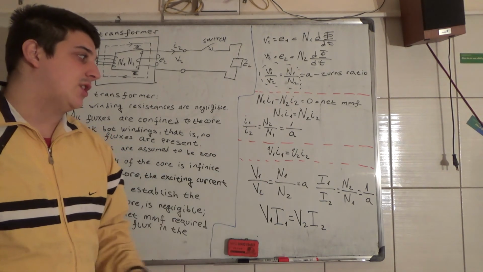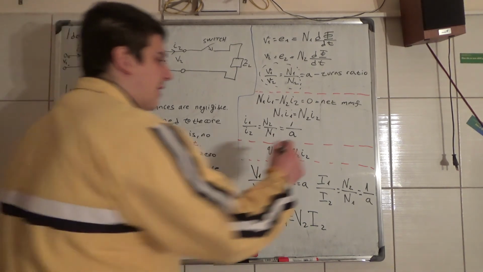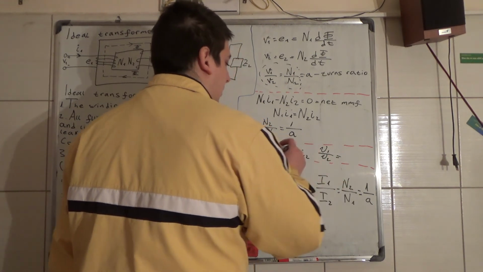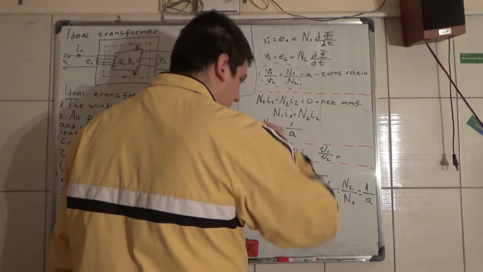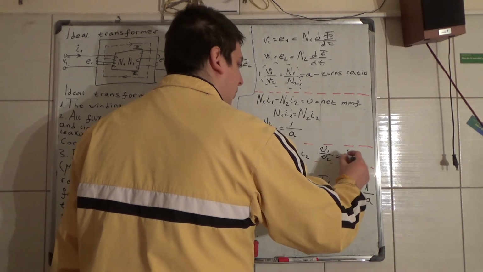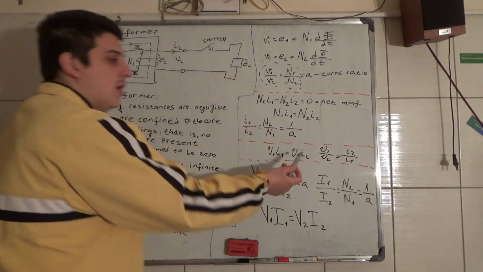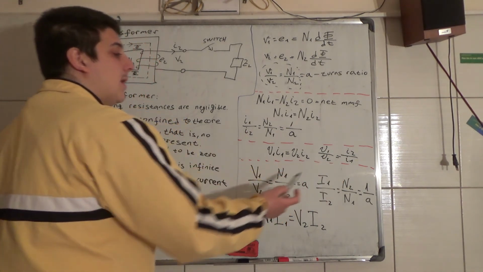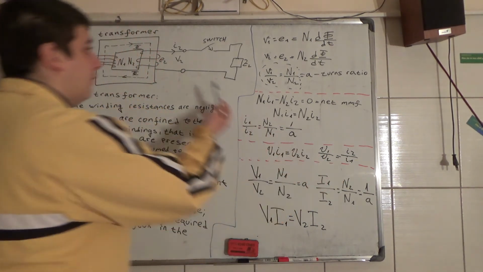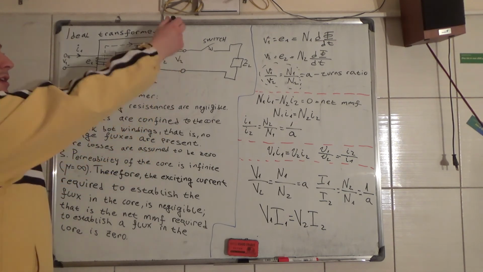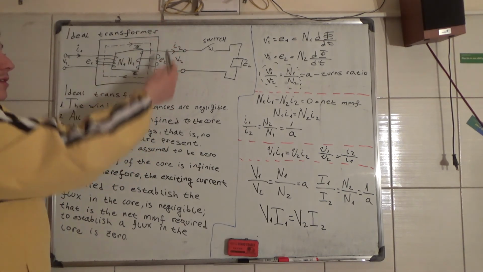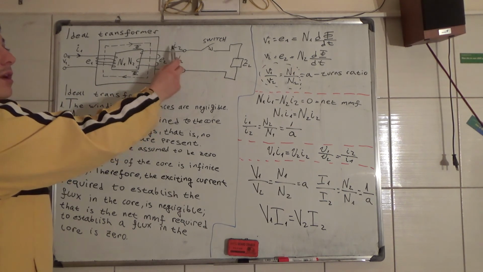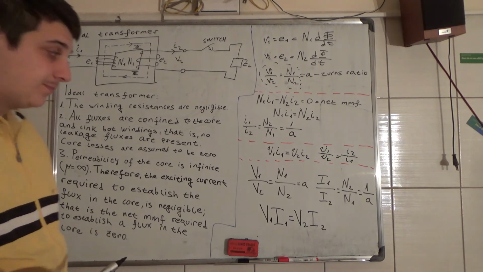Also from this equation you get that V1 divided by V2 is equal to I2 divided by I1. So the higher the V2, the smaller the I2. The higher the voltage on the secondary, the smaller the current on the secondary. The smaller the voltage on the secondary, the higher the current on the secondary.